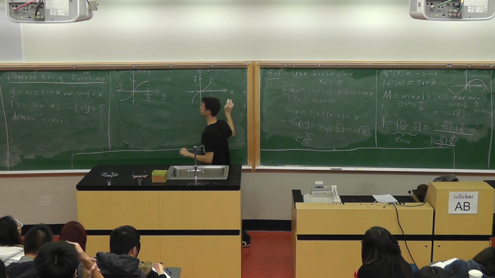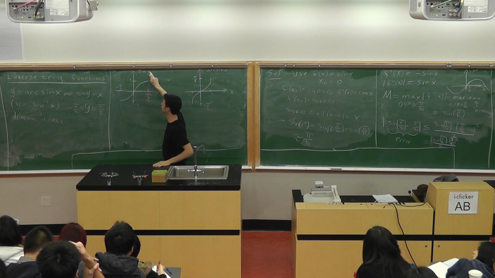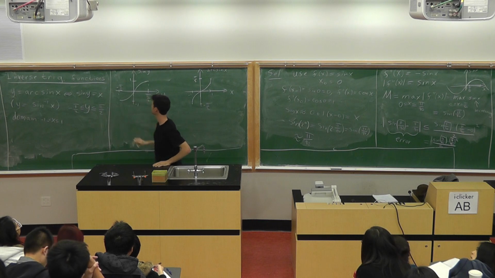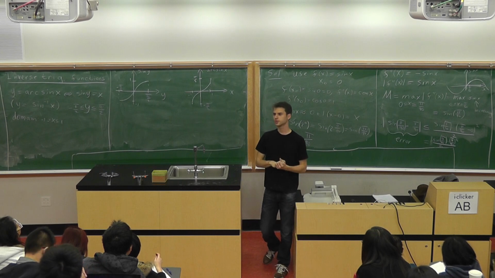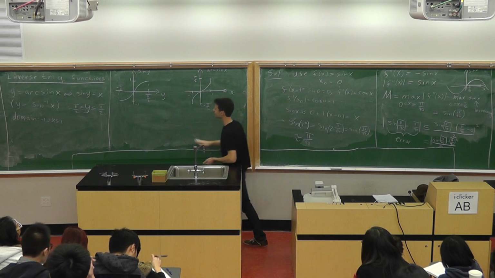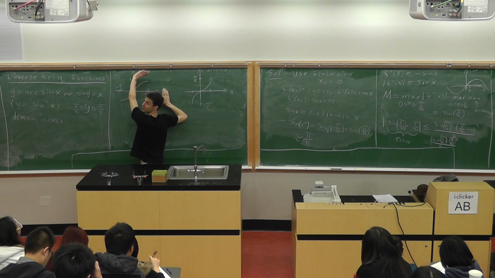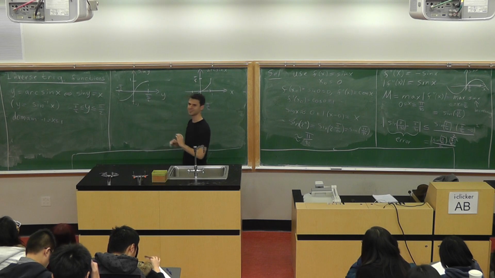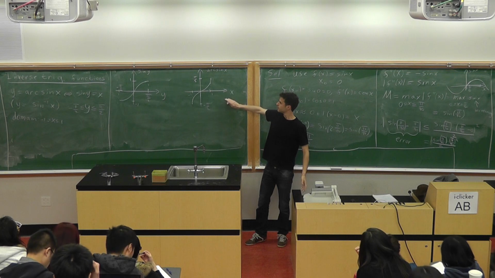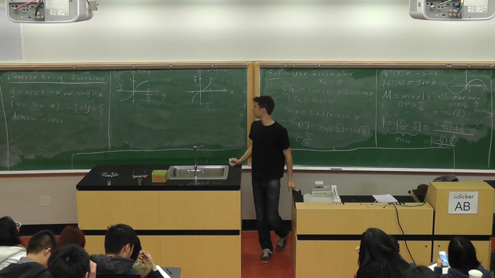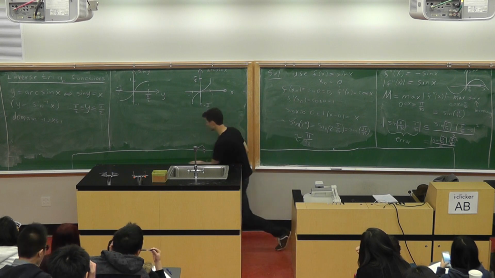So I wanted this y to be the arc sine and this sine of y to be x. But basically, regardless of the labels, that's the graph of sine. And that's the graph of arc sine. Okay, so we have these graphs.